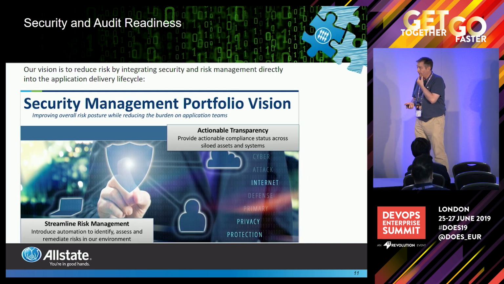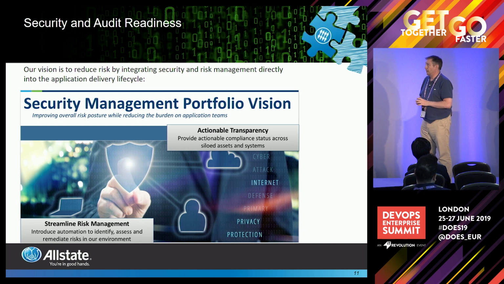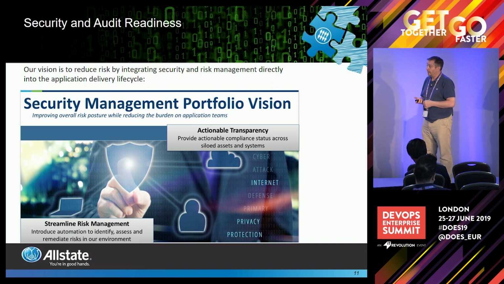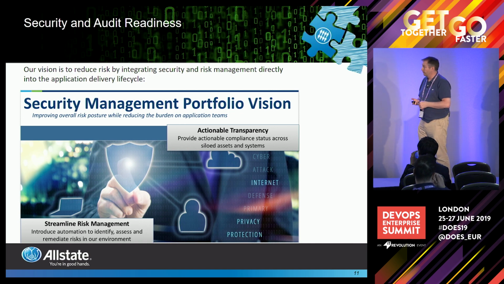One of the things I've learned this week is around value streams, what's valuable to a company. And certainly for us at Allstate, it was around security. That's the thing that keeps us awake at night, trying to secure our applications. And again, it was very much driven from the cloud world, that they wanted to be able to do almost continuous deployments, pushes to production, but in a secured way as well.